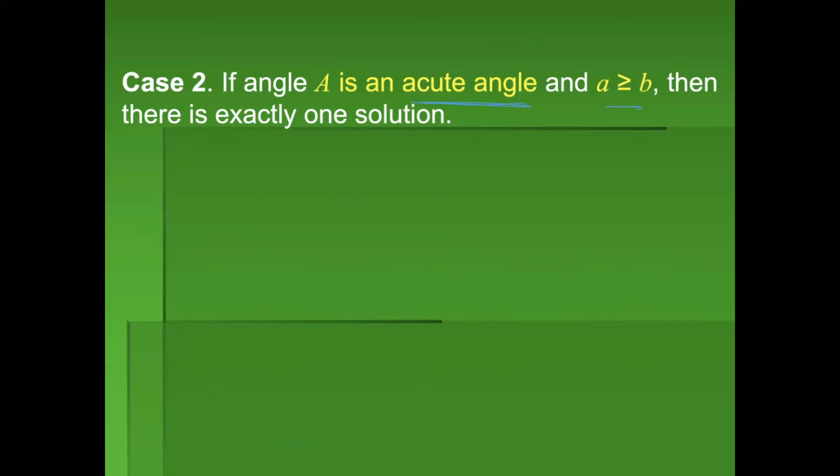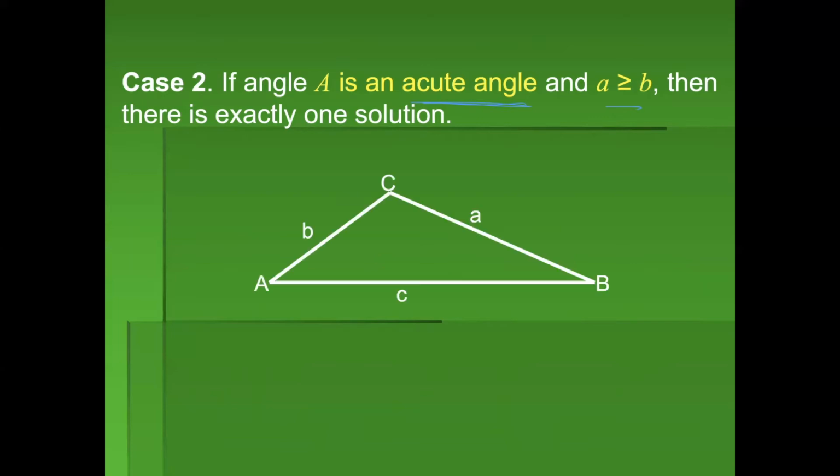In case 2, it will become greater than or equal to b. Whenever the given side is greater than or equal to the other side, we have exactly one solution, meaning we have only one triangle.